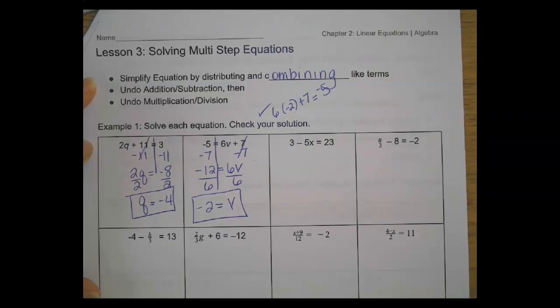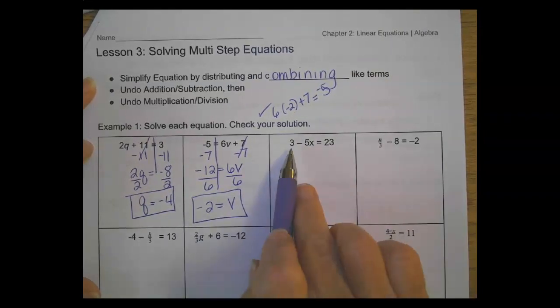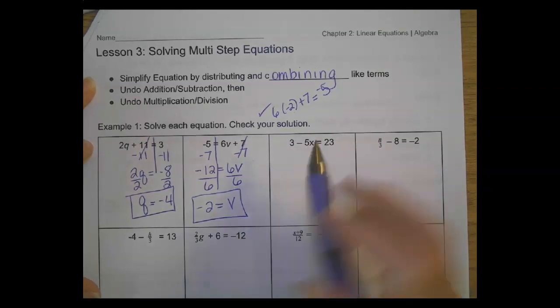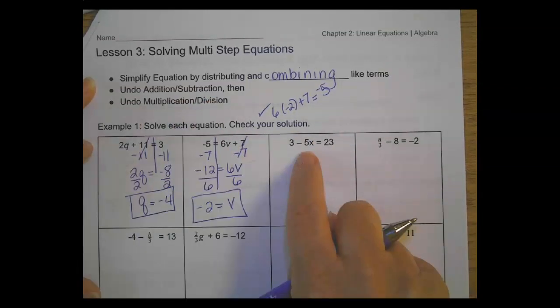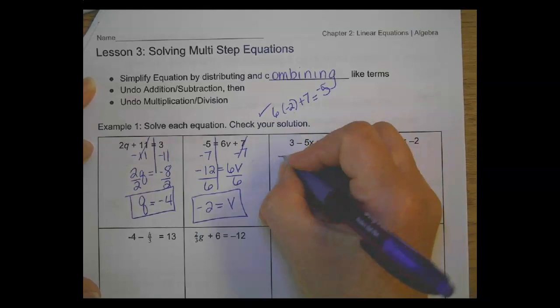This next one is a little different. The constant, or the 3, is in front, and that's a positive 3. So we need to undo addition or subtraction. This is not addition or subtraction. This is multiplication, a negative 5 times x. So we need to get rid of that 3 first.